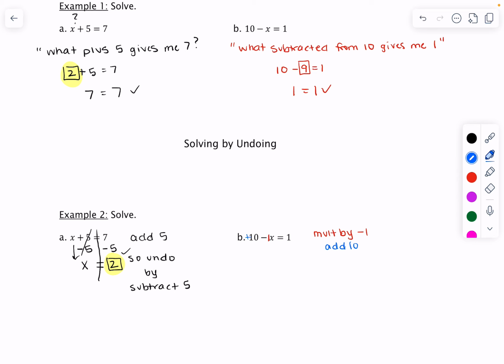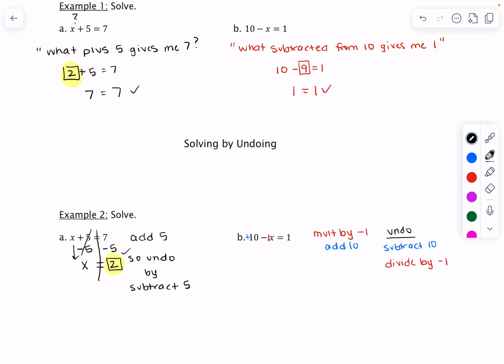So then to undo this, we're going to do the opposite. We're going to subtract the 10, and we're going to divide by negative 1. So we're doing the opposite way from how it started.